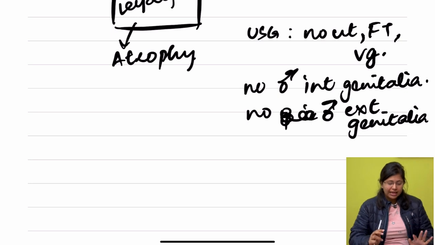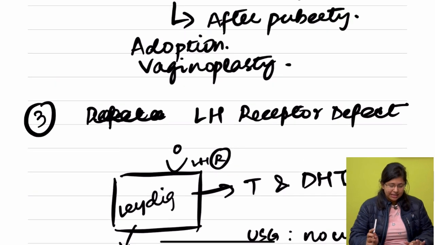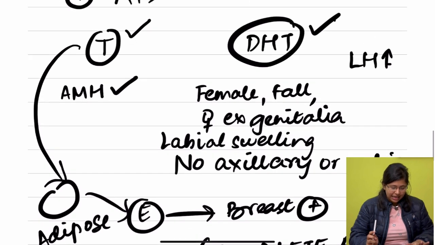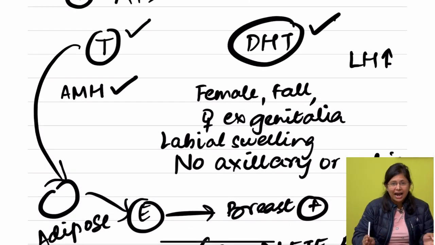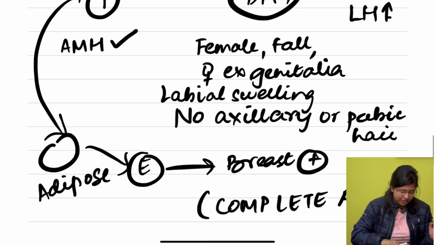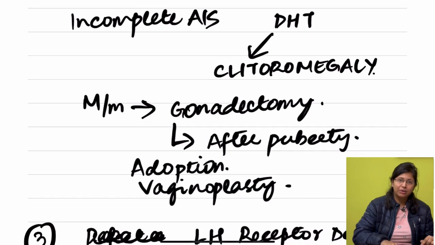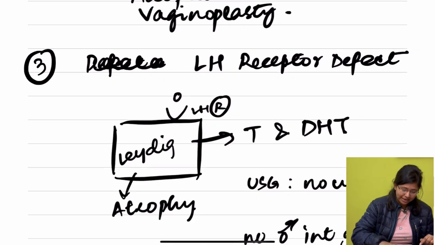So I want you to take a moment and contrast this with androgen insensitivity, in which the testosterone levels were high or normal, but it is just that they were not able to act on the tissue. So this extra testosterone was able to go to the adipose and get aromatized to estrogen, which was leading to breast development.